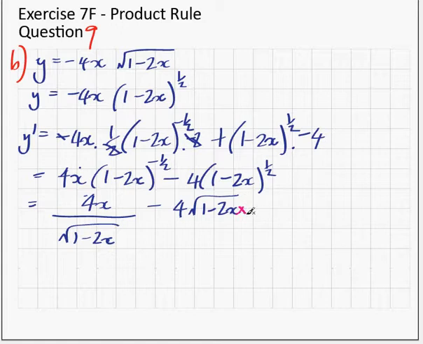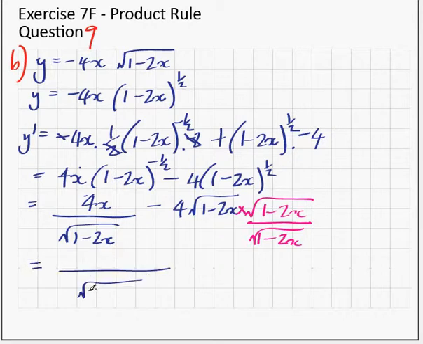What I really want to do is times this one, top and bottom, by the same piece, so that on my next step I can write them all as a common fraction. I can simplify this top line now.